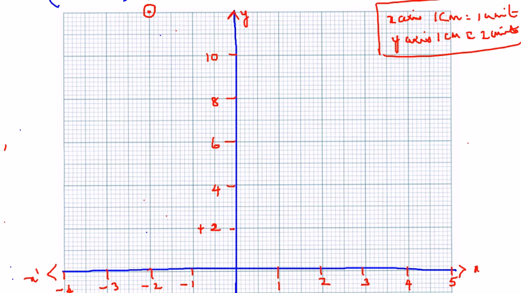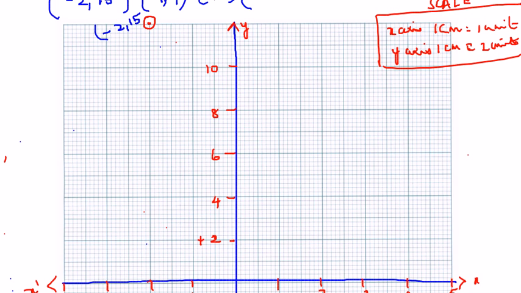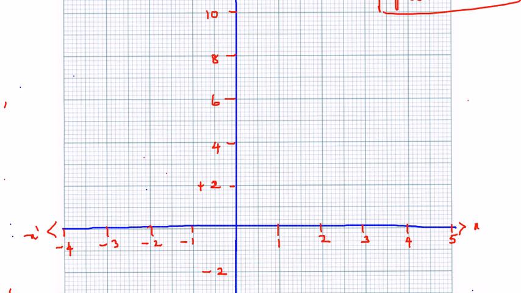As soon as you mark the point, please note down the coordinates. It is minus 2, 15. The next point is minus 1, 4. So it is over here: minus 1 for the x-axis and 4 for y. I'm noting it down as minus 1, 4.